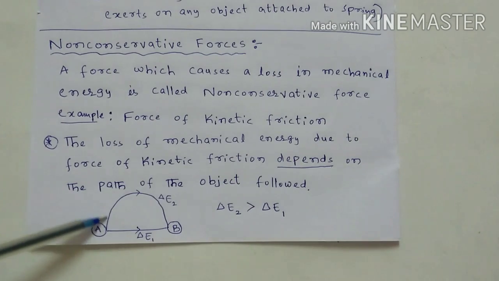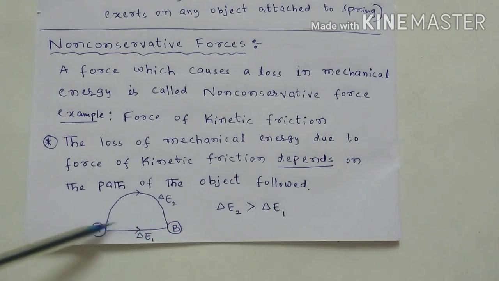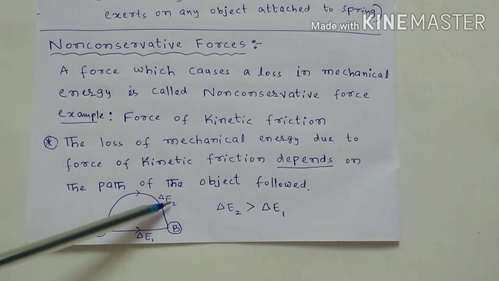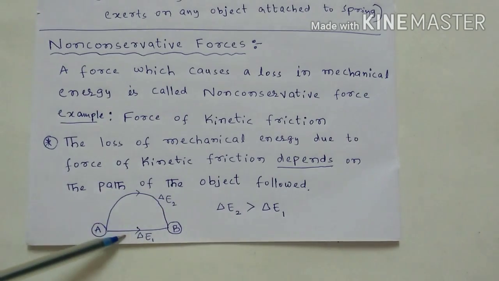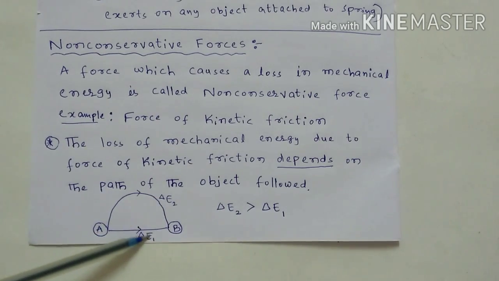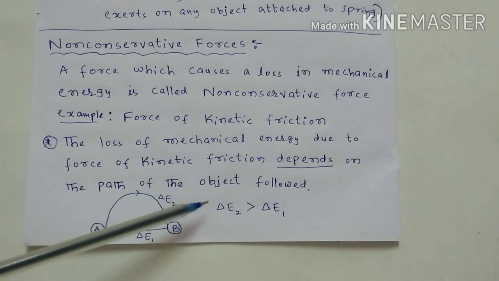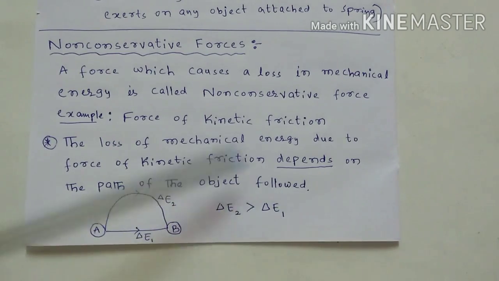So certainly when it is moving from here to here, the loss in energy is more, because this path is bigger compared to this path. So this is del E2, the loss in mechanical energy, and this is del E1, the loss in mechanical energy. This path is small, that's why the loss in mechanical energy is small. So I can write one inequality, del E2 greater than del E1.